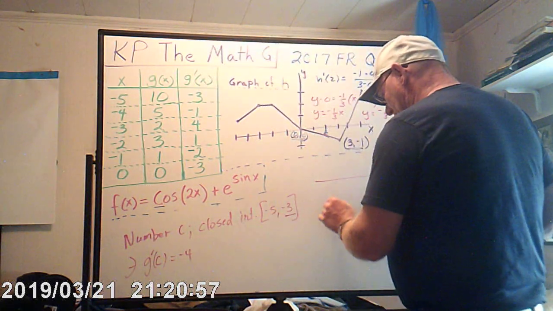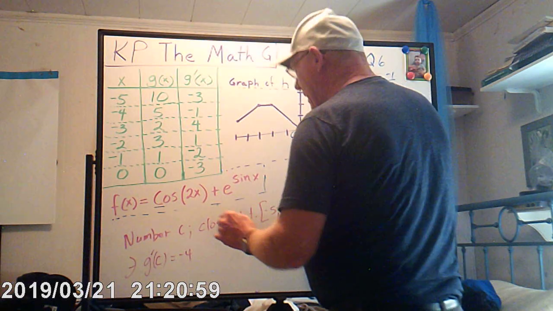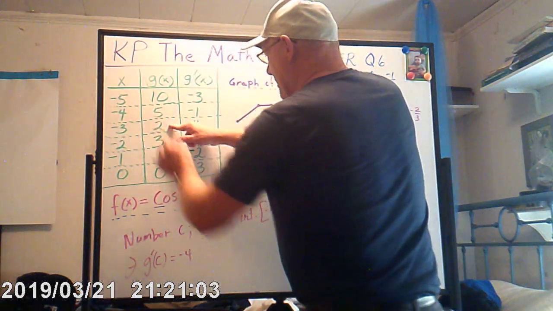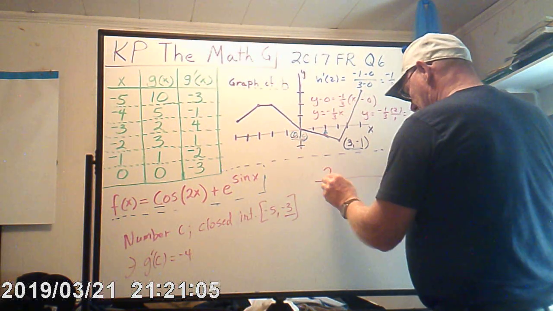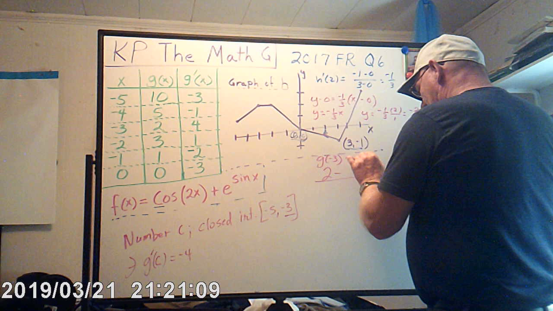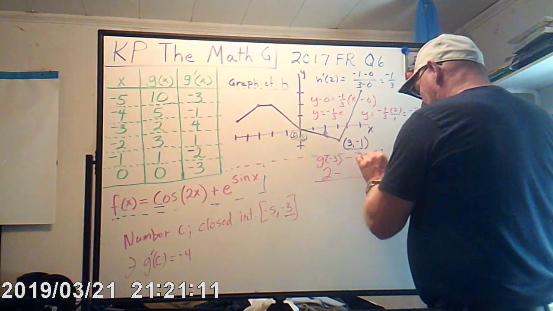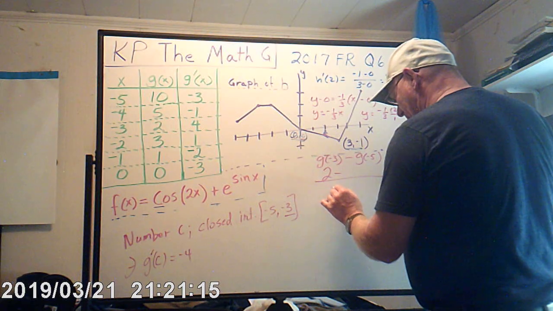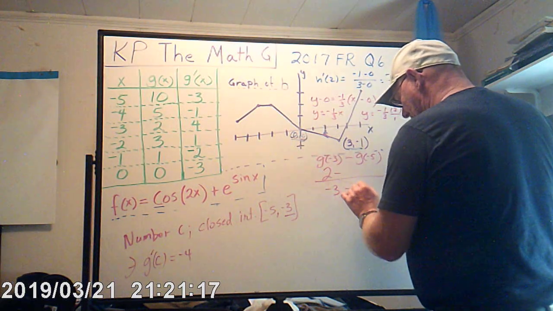So we know that G at -3 is 2. So G at -3 minus G at -5, over -3 minus -5.